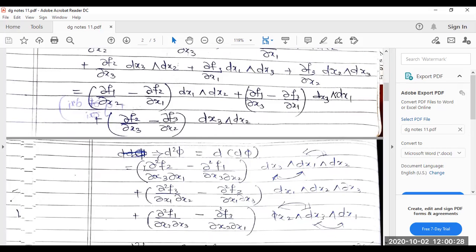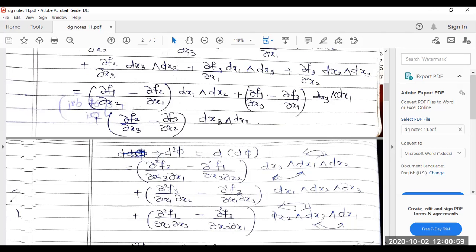Here, as x1 x2 are there, we simply perform the partial derivative with respect to x3, and here we have the wedge product with x3. For the second term we have x1 x3, so perform the partial derivative with respect to x2 itself. For the remaining term we have x2. Next, perform the partial derivative with respect to x1, and then we will remain with this term.